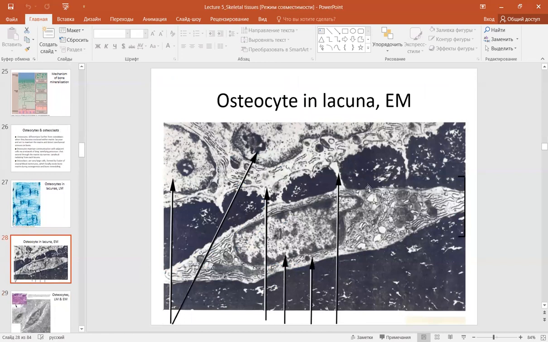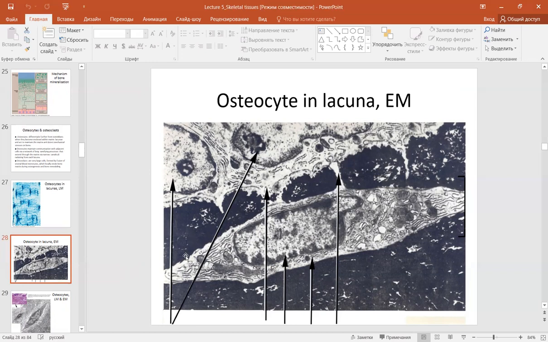Here you have the osteocyte in lacuna on the electron microscopic level. The cell machinery of synthetic activity is present: Golgi complex, endoplasmic reticulum, secretory vesicles containing microvesicles with calcium ions.